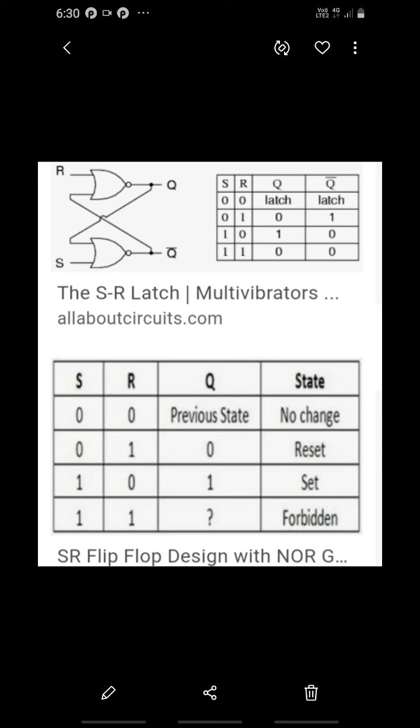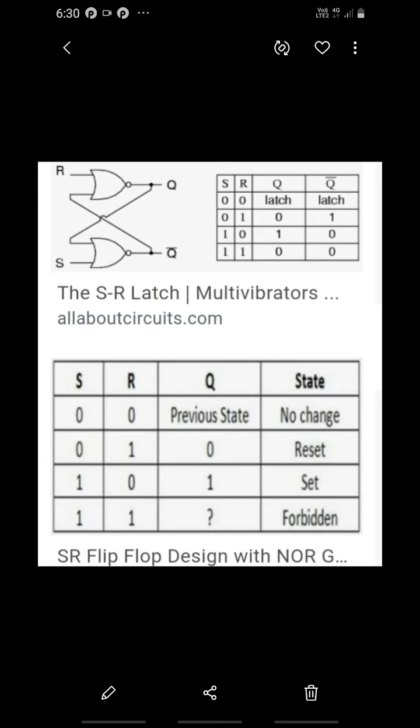so next 1 1, so here 1 and this 0, 1 0 0, 0 1 0, so that means indeterminate means forbidden state.